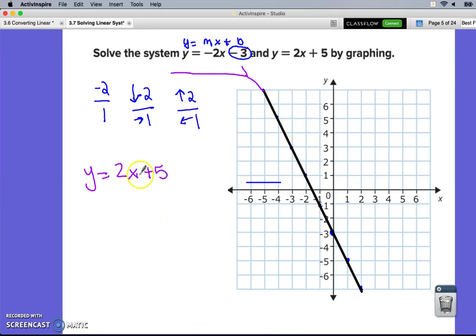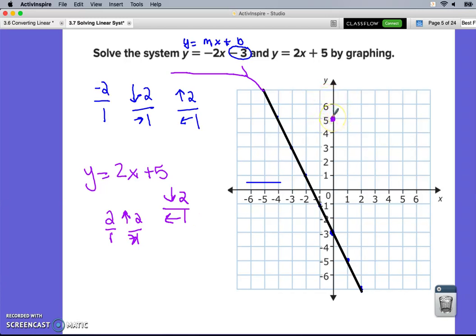So here we're going to start with our b, or our plus 5, and we're going to have a point right there. And then our 2 over 1, I ran out of room. 2 over 1, since it's positive, I go up 2 to the right 1, or I go down 2 and then to the left 1.